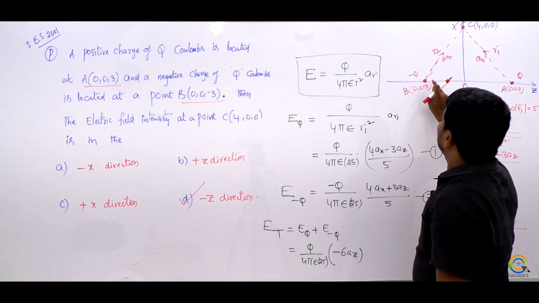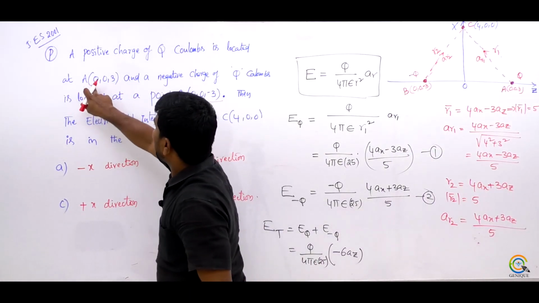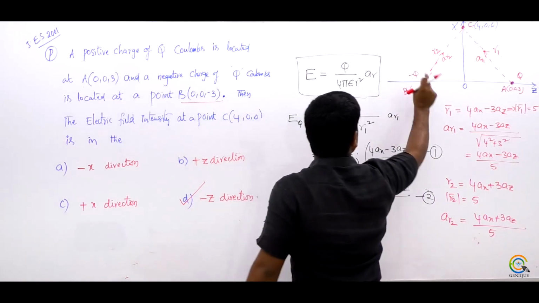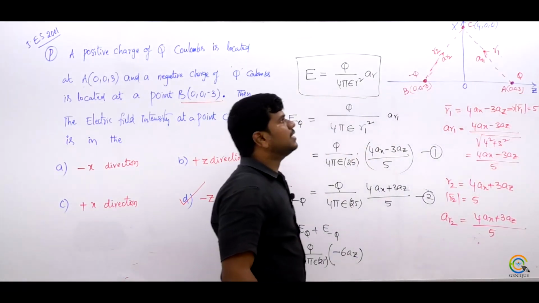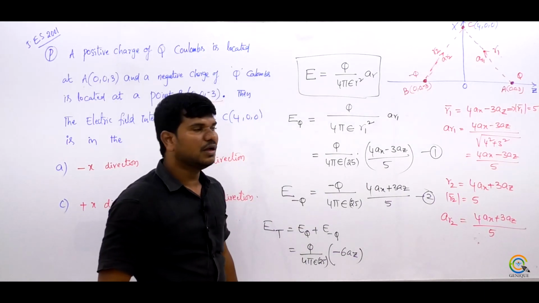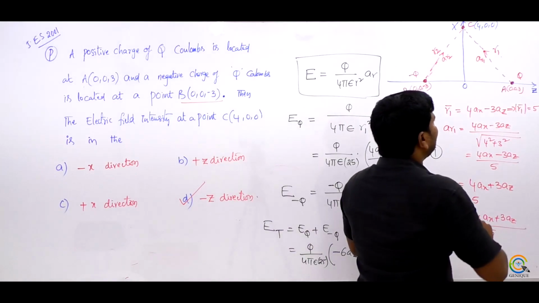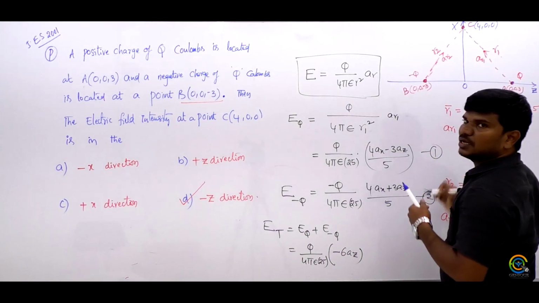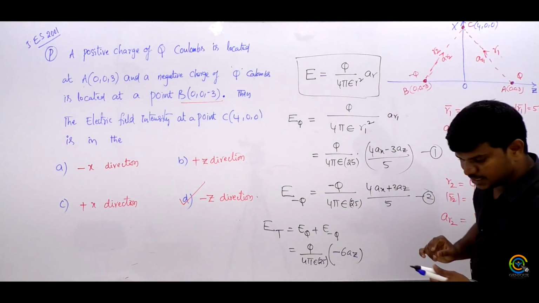What have we taken? The question is given as the point is here. On this point, Q is present like this. On this point, minus Q is present. We have to find the electric field intensity at this place. Understand? Now, you have to know that the positive charge is the source of electric flux lines, right?